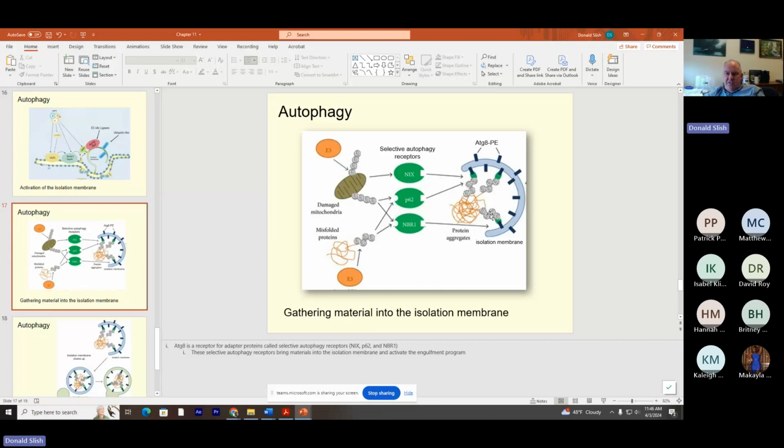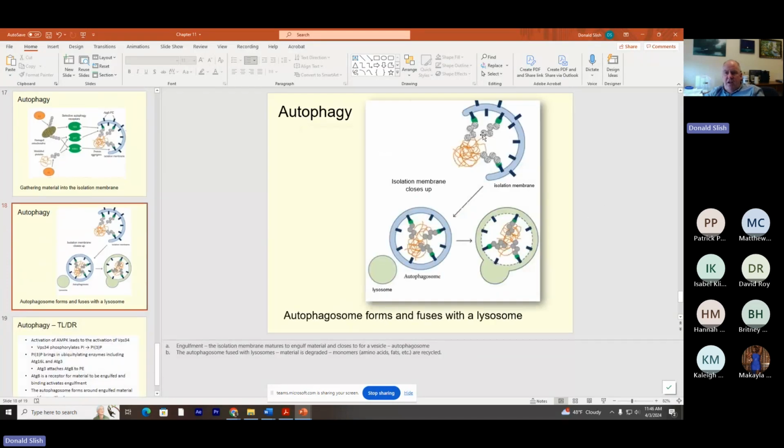Okay, so once that starts to happen, you start accumulating things inside this isolation membrane, and it will eventually surround the entire clump of whatever it is you're getting rid of here and form the autophagosome.